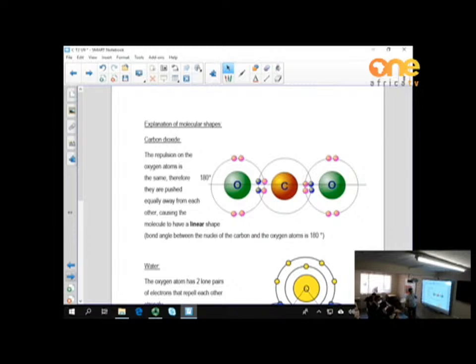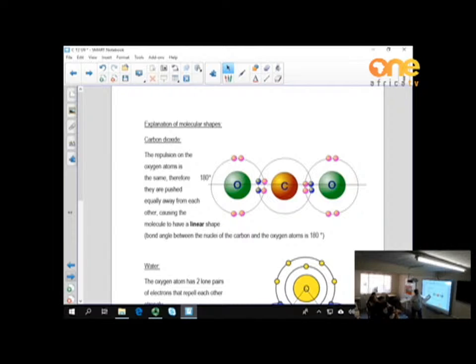Okay. Now, what is important is that carbon forms the center atom. We have two bonding pairs there, two bonding pairs there, two single pairs, two single pairs. We will find that the repulsion on both sides of the center atom is the same.